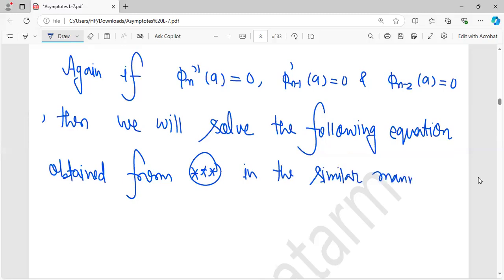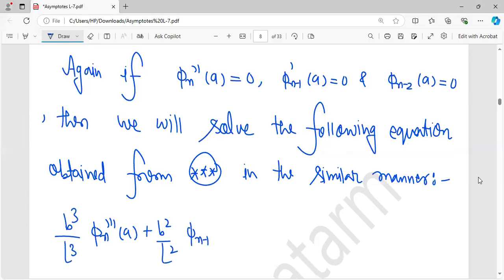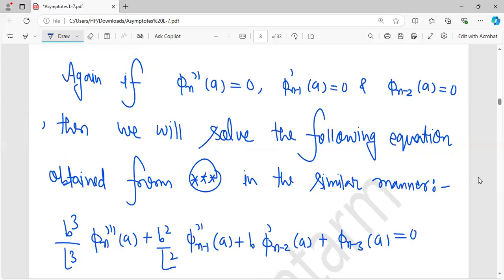What is that equation? B cube upon factorial 3 phi n double derivative a plus b square upon factorial 2 phi n minus 1 double derivative at a, b phi n minus 2 a single derivative, phi n minus 3 at a is equal to 0.